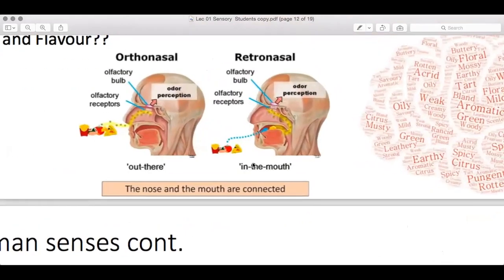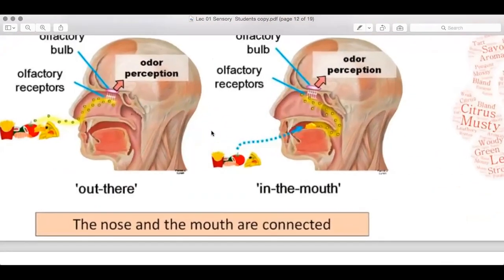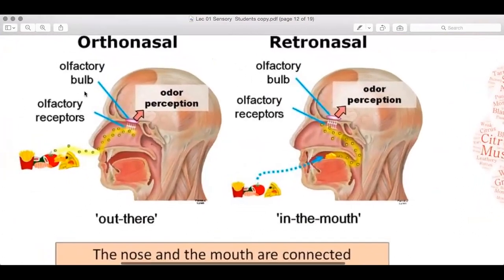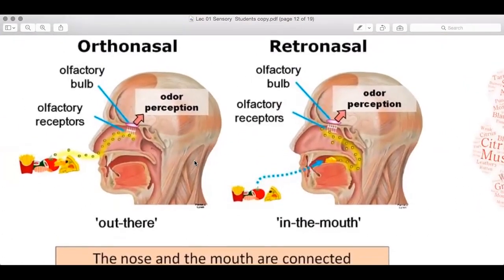In this picture, you can see the orthonasal reaction, as we have already discussed. Here you can see how the volatile compounds come from food to the nose. As we discussed, these are the receptors.